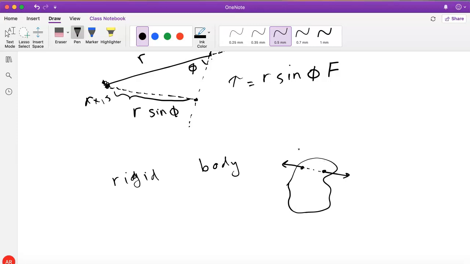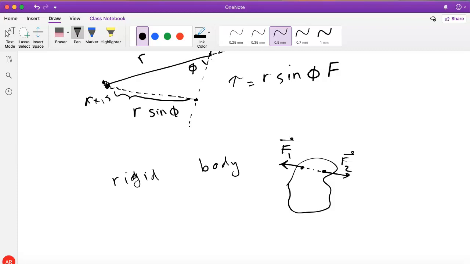So let's say I have F here, and the magnitude of these forces are the same. They're in the opposite direction, same magnitude. So they act on two points that are along the same line, and the forces are in that direction.